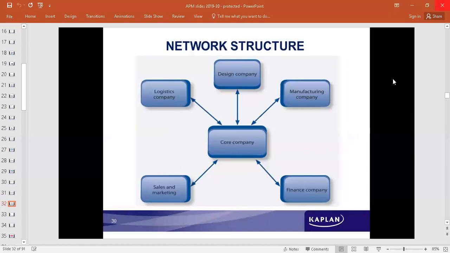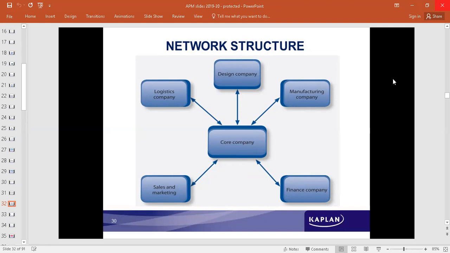In the network structure, we see that the core companies are into the core business of buying and selling, whatever their product or service is. So that's called a core company.